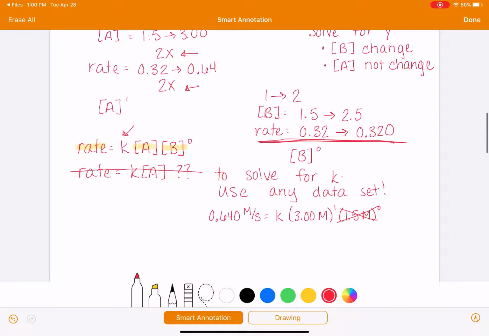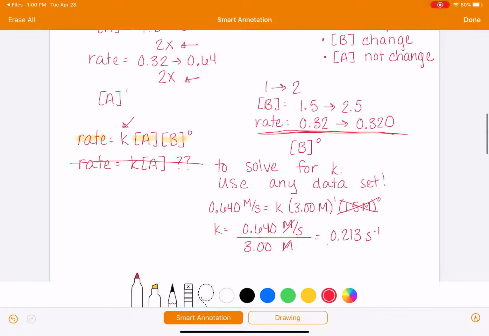So k is 0.640 molarity per second over 3 molarity. Our value of k will be 0.64 divided by 3. Our value of k is 0.213, and the unit is 1 over second, or second to the negative 1. So there is the value of k.